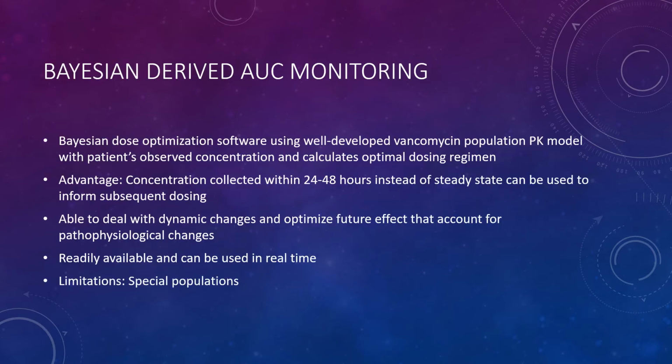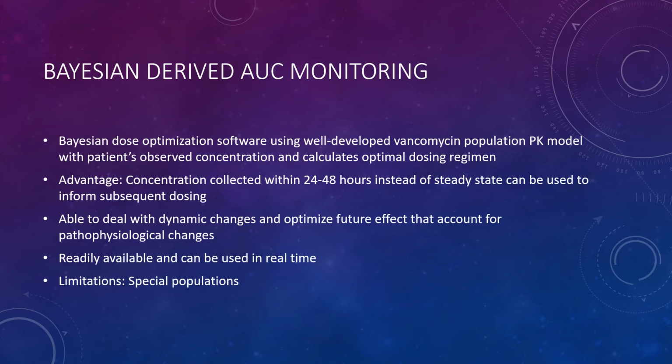You've heard me mention this Bayesian-derived AUC monitoring. Basically, this is fancy software that includes all of this well-developed vancomycin population PK modeling with concentrations, and it calculates optimal dosing regimens. An advantage of this is that it is able to collect within 24 to 48 hours instead of using steady state.